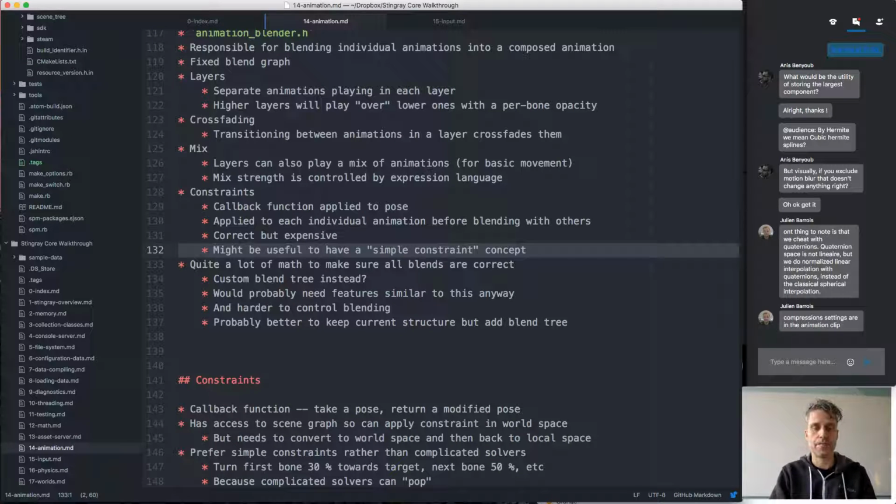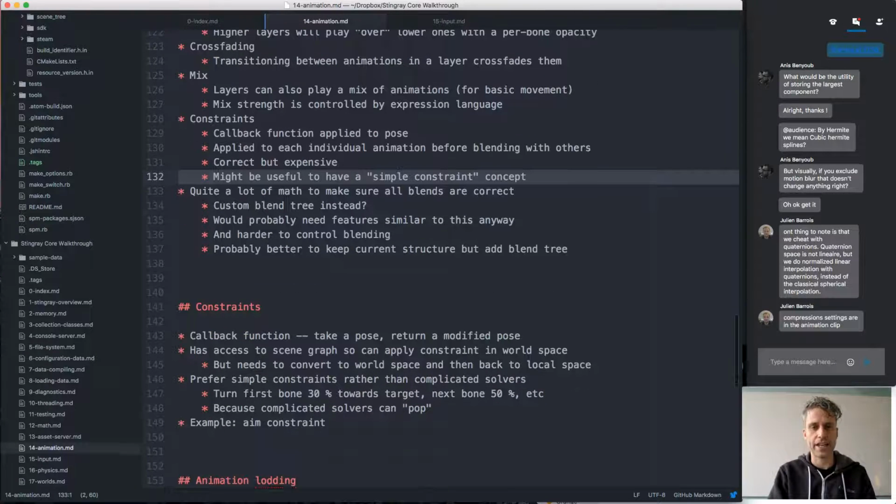So that's an idea I've been toying with, and I think it would be useful, but it's kind of tricky how to, UI-wise, distinguish the simple constraint from the more complicated constraint, and how do you present to the user that there are two kinds of constraints and stuff like that. So, I think it would be useful, but it's just complicated how to present it.